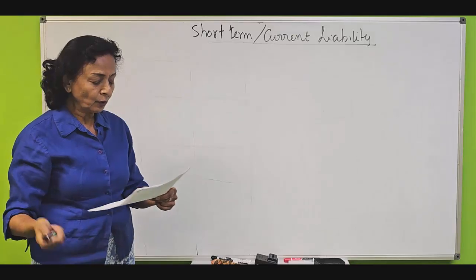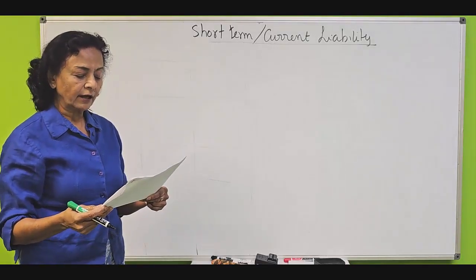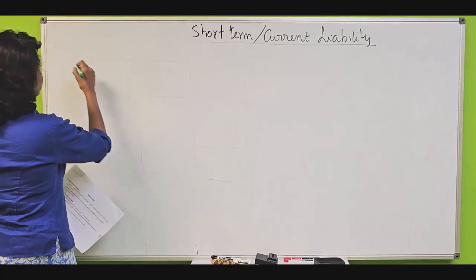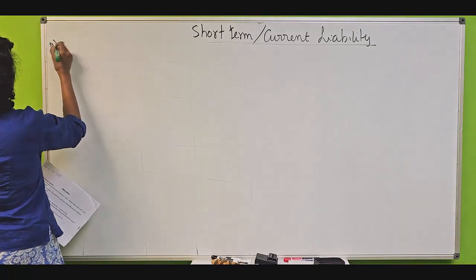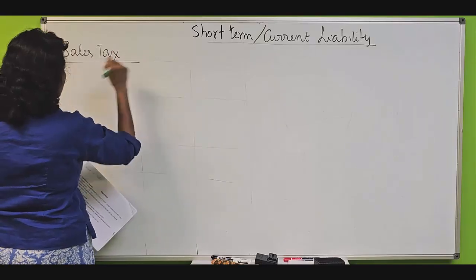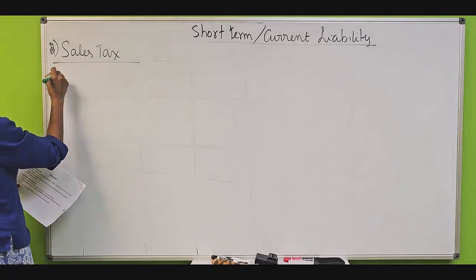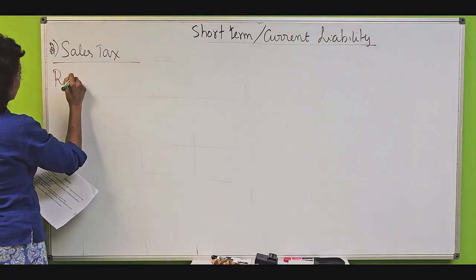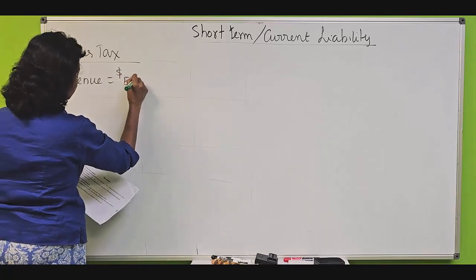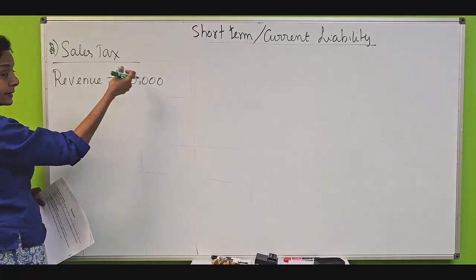Okay. So the second one is company B sold goods to customers for a sale price of $50,000 and also collected 6% tax. So for the second example, part B, this is the sales tax. So here the sales tax rate is 6%. So here the revenue the company is selling the goods for is $50,000, and the customers also pay 6%.